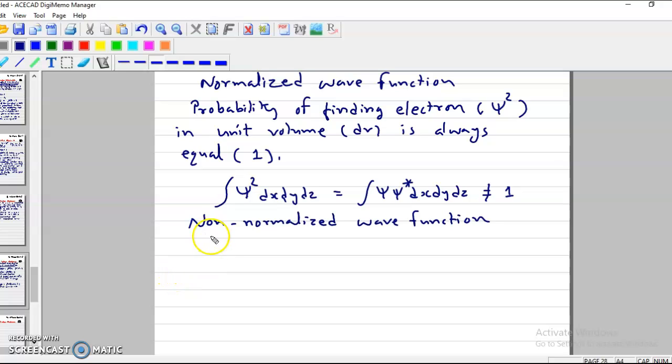Okay, then psi itself is a non-normalized wave function.